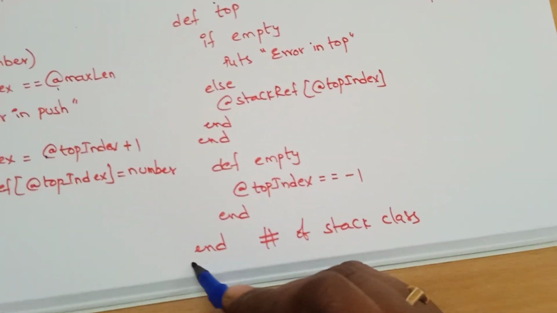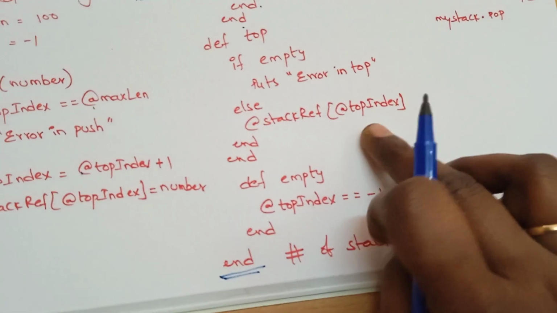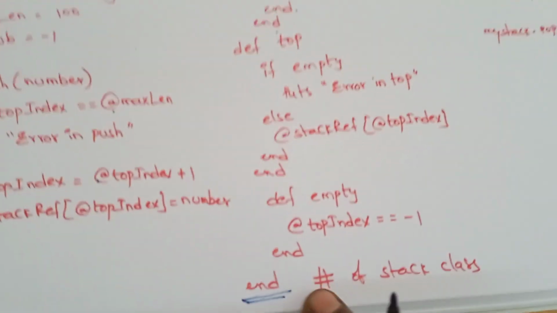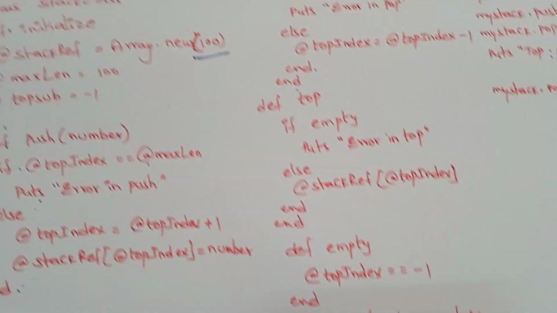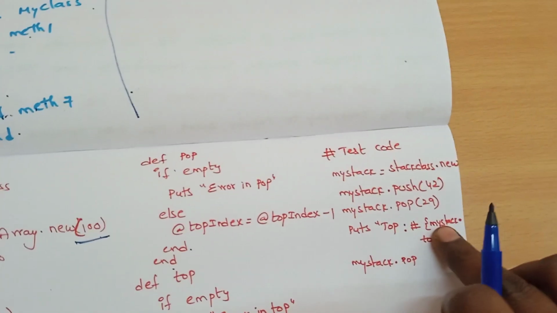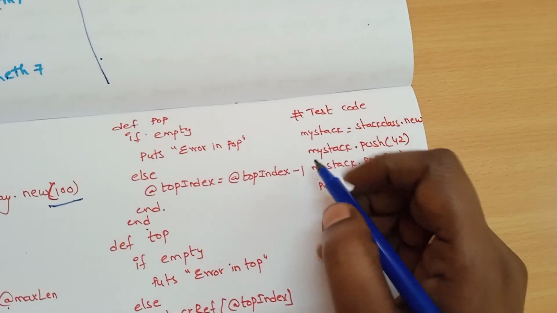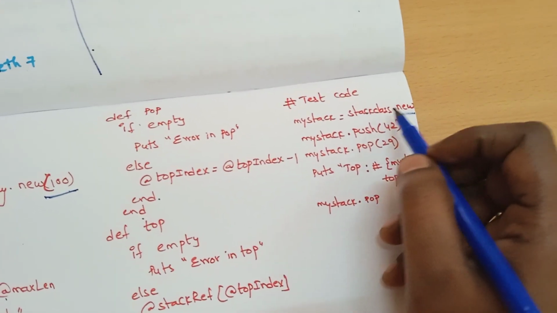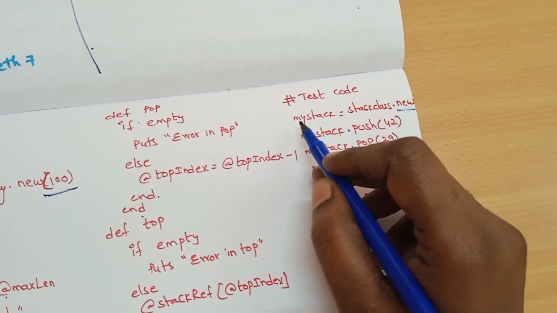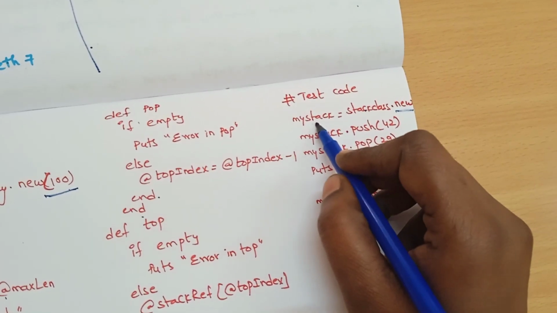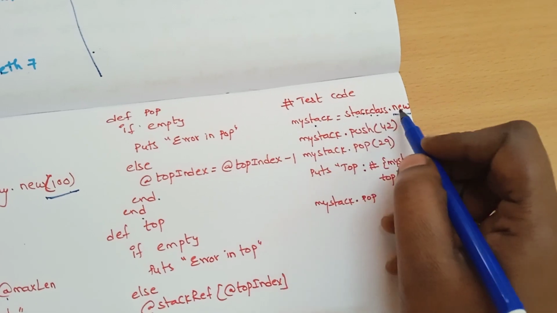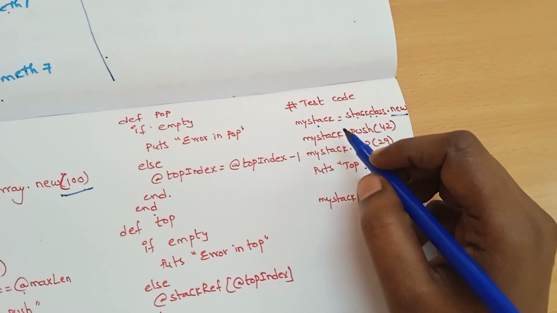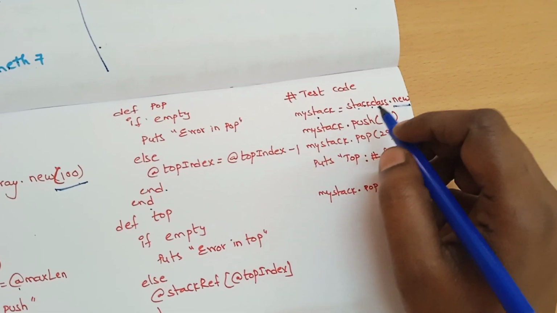Look at this end: once I have defined and declared every member function, I'm closing the class with the end keyword. And this is the test code of Ruby, where I'm creating a new object for my stack class. The code is a little bit different than Java. We'll take my stack, which is my object for the stack class, dot new operator. Java code is a little different, right? We'll write object obj is equal to new class.